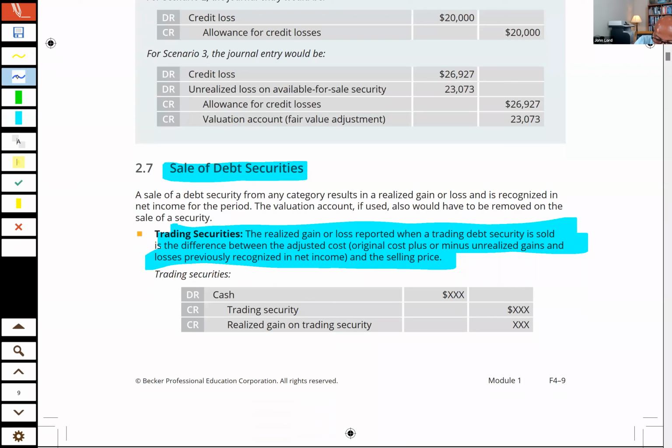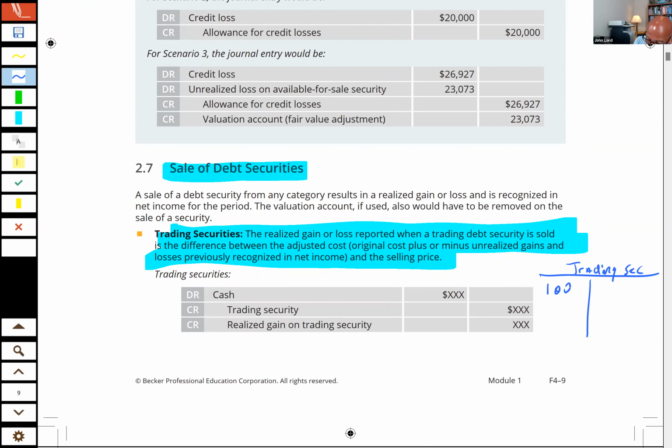Let's say you bought the security for 100, and then the security had what? Let's just do it this way: trading security. When you bought the security, you paid 100 for it.